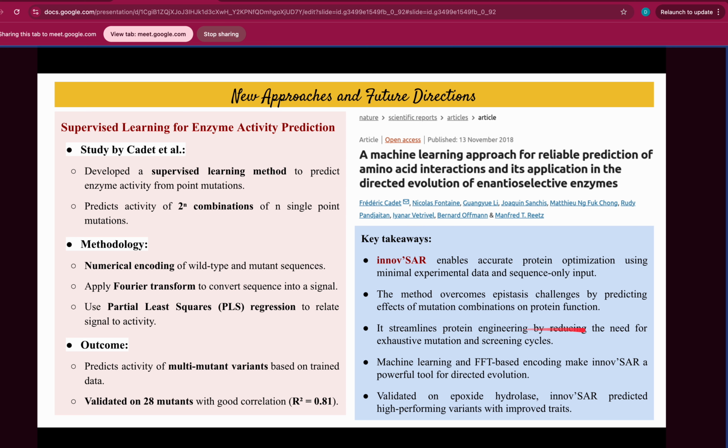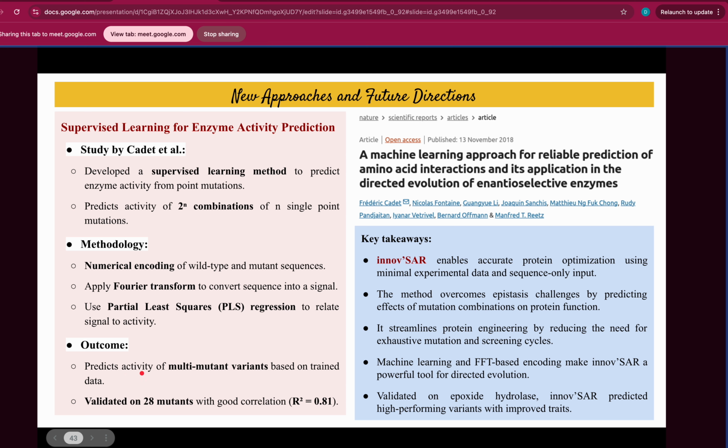So it streamlines the protein engineering by reducing the need for exhaustive mutation and screening cycles. And machine learning and Fourier transformation based encoding makes this INNOV-SAR a powerful tool for directed evolution, and this was validated on epoxide hydrolase, on which they have verified this method.